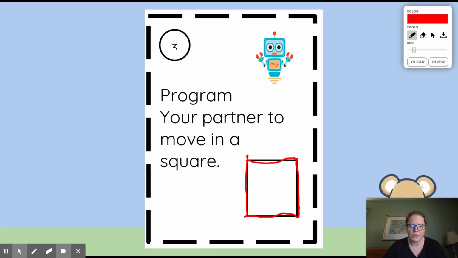So that's forward once, turn right, forward once, turn right, forward once. Oh, that sounds like a loop, a pattern. So you could say, repeat this pattern 4 times. You could say forward, and then right, repeat 4 times.